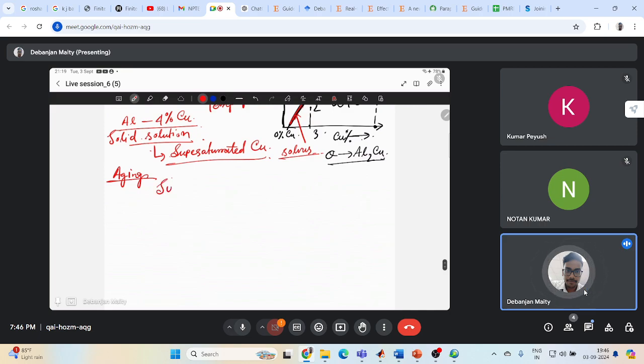So from the supersaturated solution, there is something called GP zone. Then you will have theta double dash, theta dash, then finally theta precipitates.